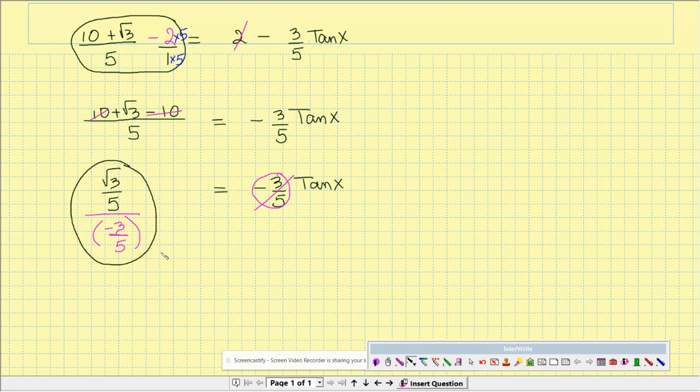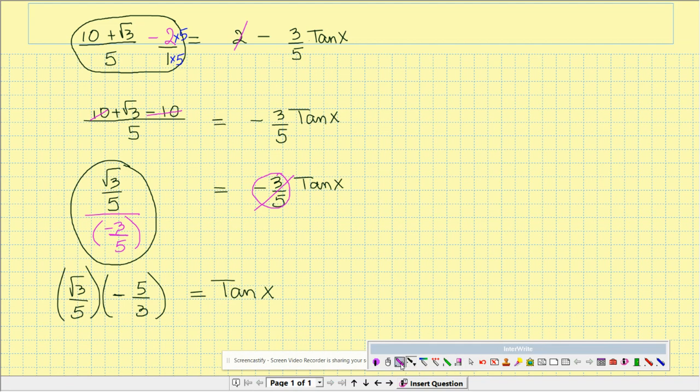So we'll keep the first fraction the same, which is square root of 3 over 5. And for the second fraction, we do the reciprocal, or flip it. So we bring the minus sign along, but flip the fraction, it will be 5 over 3 and equal tangent x.